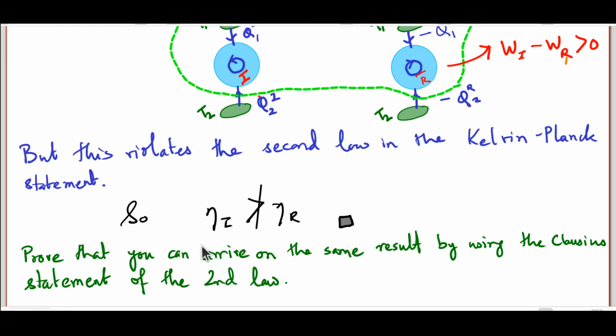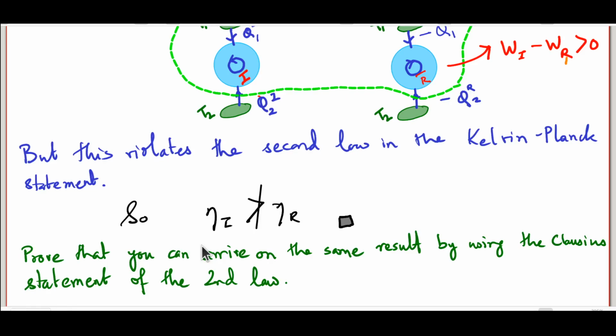Note that because we wanted to use the Kelvin-Planck statement, which essentially involves an engine with only one reservoir, but we had two in our problem, we had to ensure that we can put one of the reservoirs inside the engine. And we did manage to do that.